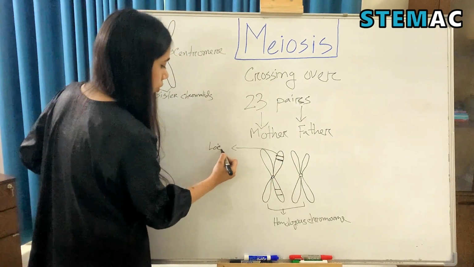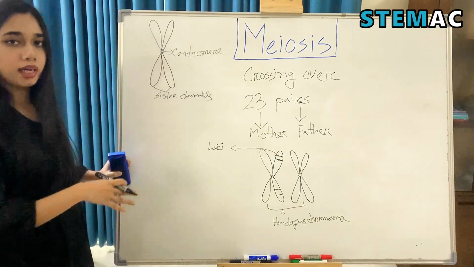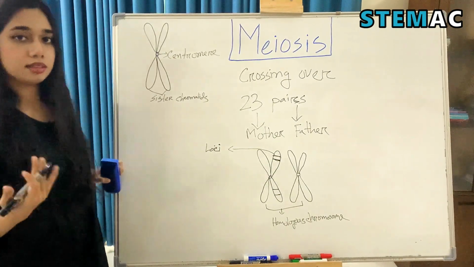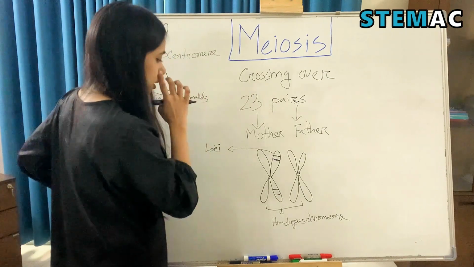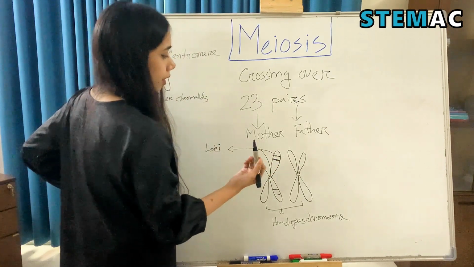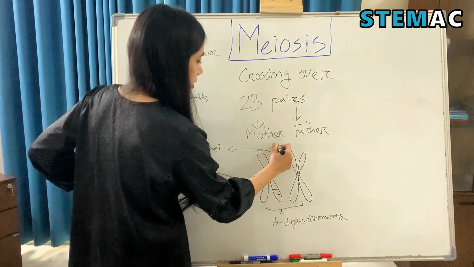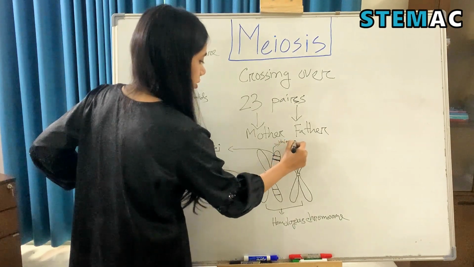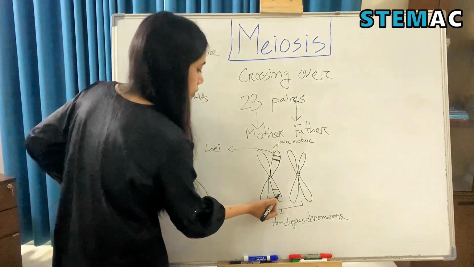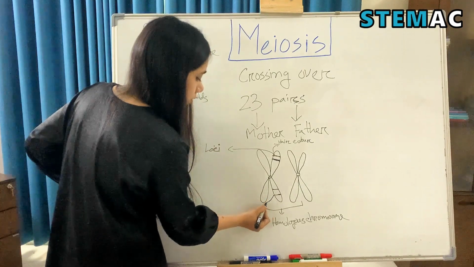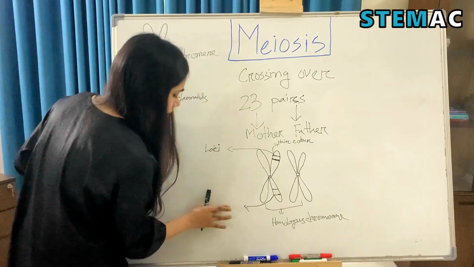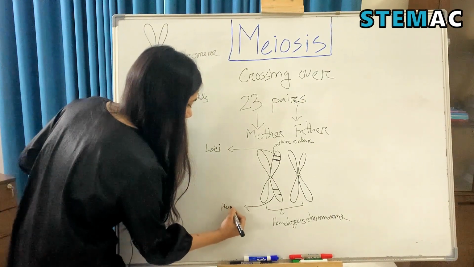Now let's say, for example, this locus contains the gene for our hair color, and this locus contains a gene for height.